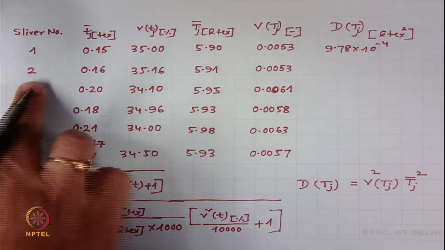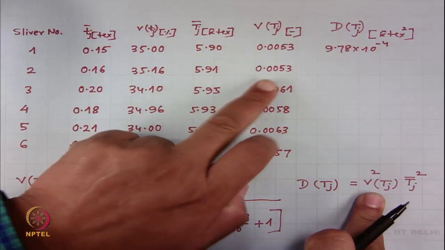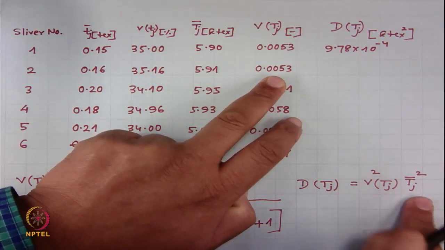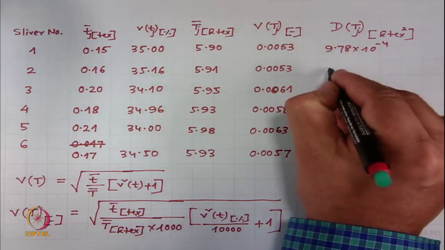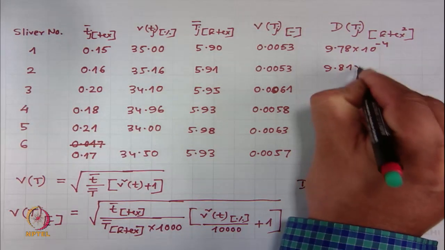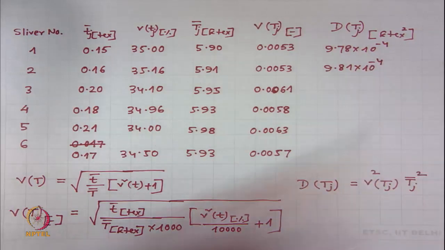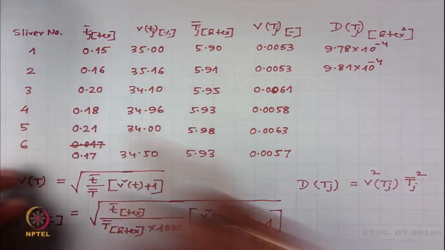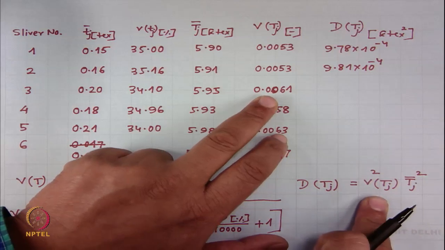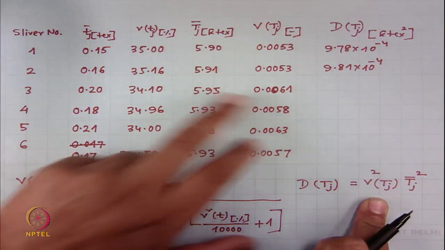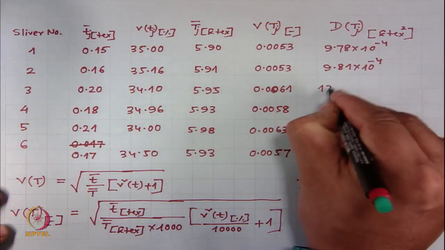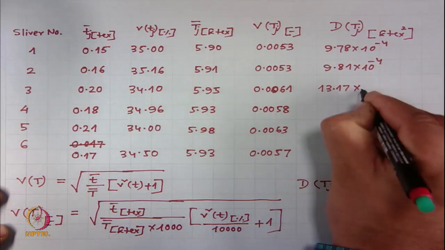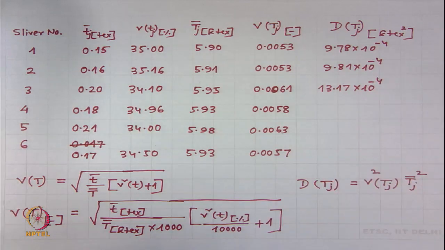For the second sliver, 0.0053 square multiplied by 5.91 square, this will give you little different. For the third one, 0.0061 square multiplied by 5.95 square, you will get this value.